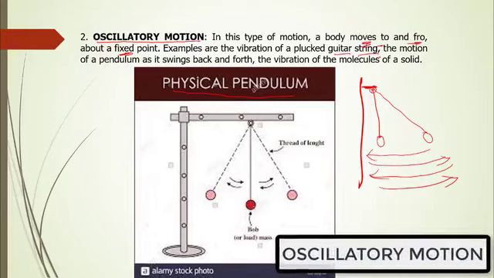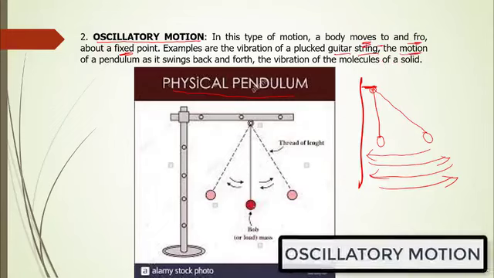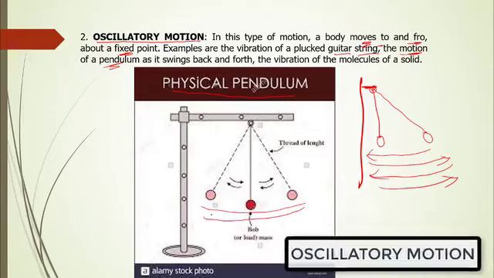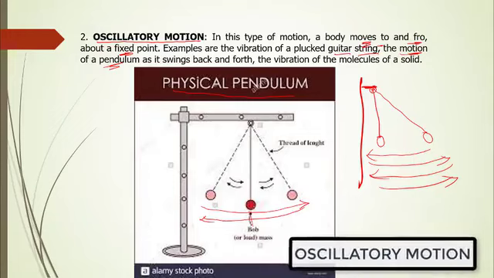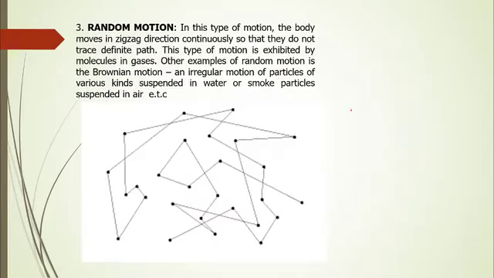When a guitar string is plucked, that vibration causes that beautiful melodious sound that we hear. Practically in physics, we have the motion of a simple pendulum, as you can see from the slide here, as it swings back and forth. This movement is repeated until it comes back to the center, and then it rests. We also have the vibrations of the molecules of a solid.